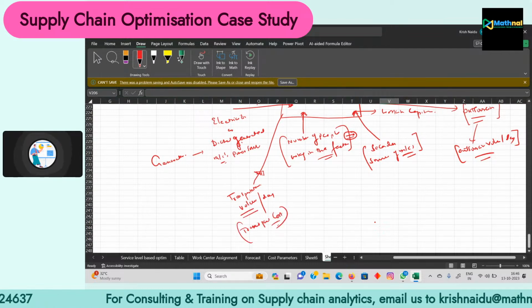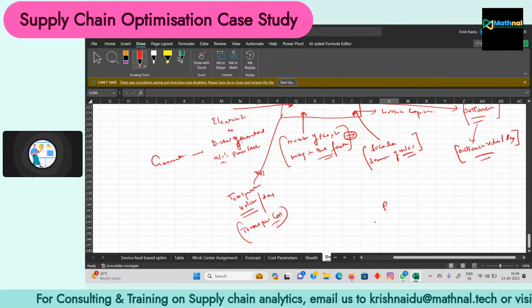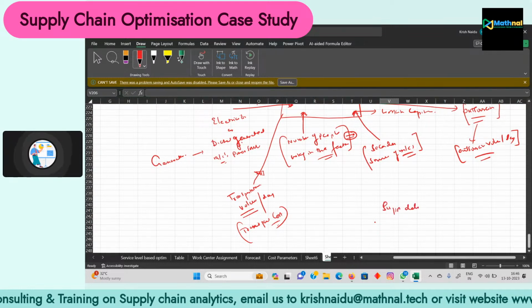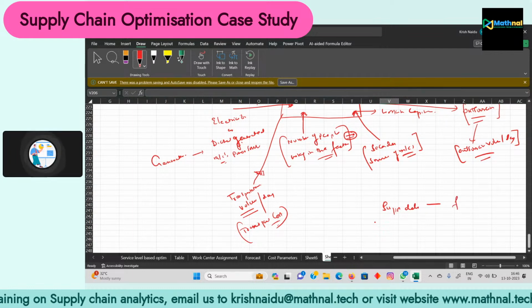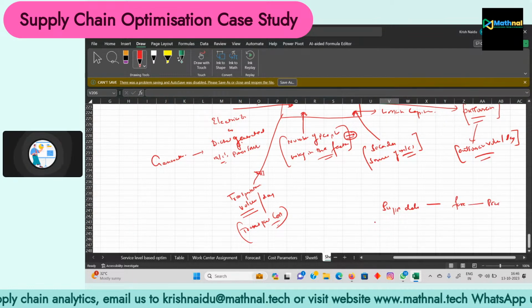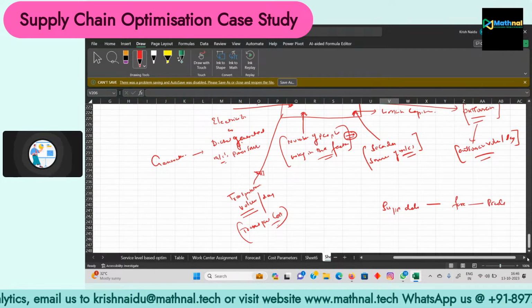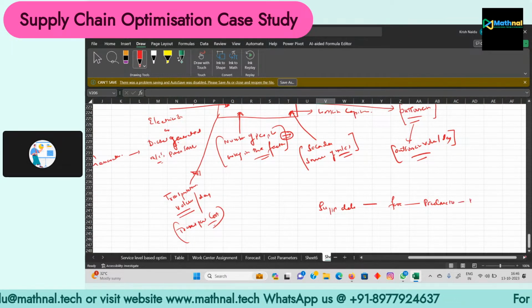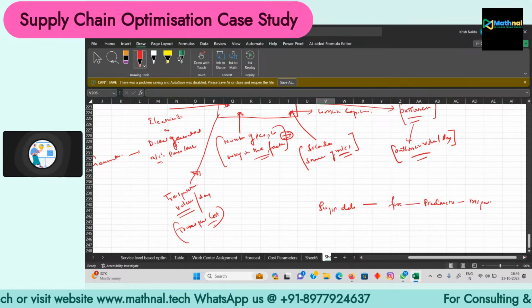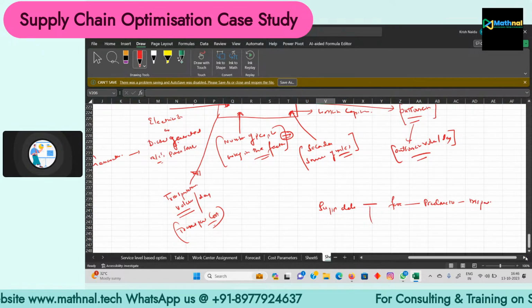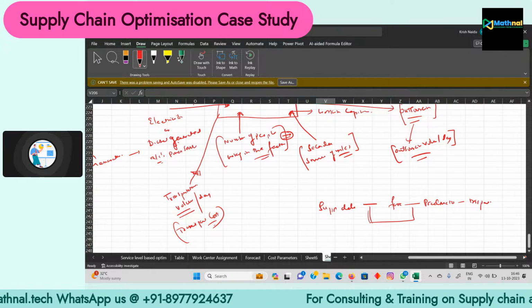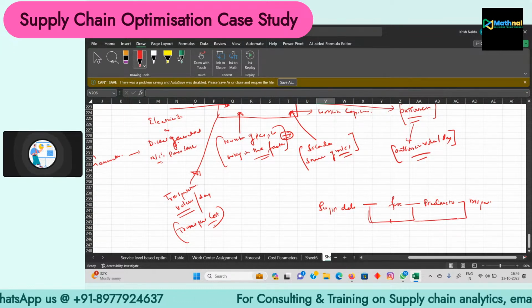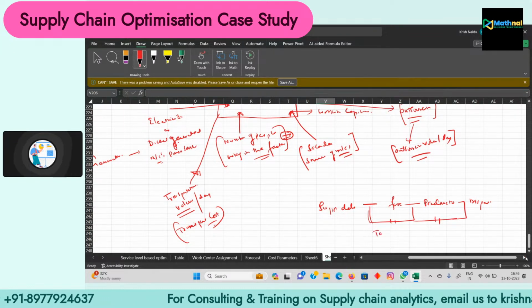So the transportation volume per day: suppose your suppliers' delivery, your forecast, your production, and your dispatch, right, all are matching. But your transportation, which is happening between supplier to production and production to customer, is not matching.